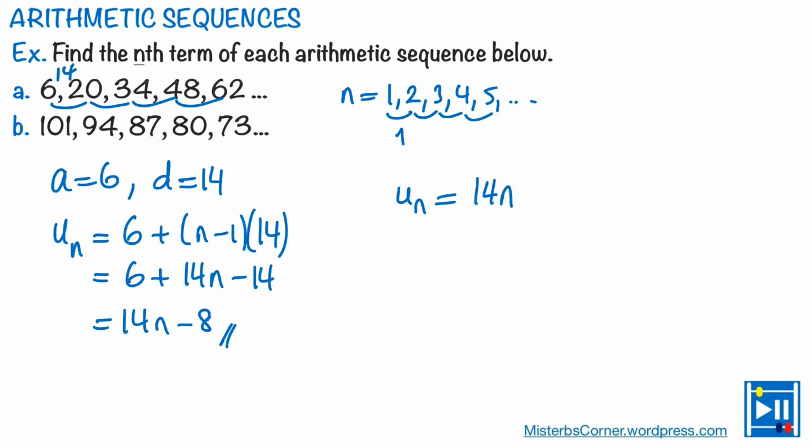Now if I substitute 1 here, it will be 14 times 1, which is 14, right? But my starting term, the first term, is 6, so I should be taking away 8 to end up with 6. And then I can try, if I substitute 2, it's 28, minus 8, 20, so I end up with the second term here. So that's how it works.